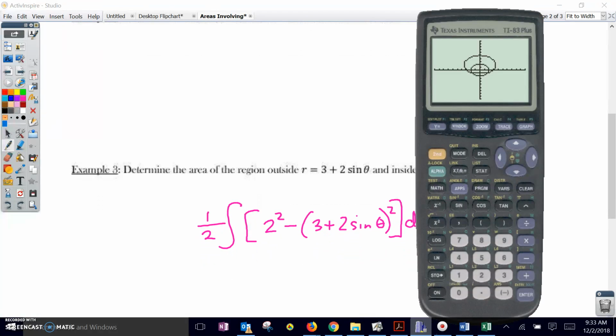We go to our calculator and we're going to trace this. And the first intersection point here, well, I'm going to trace around the curve. Oh, I already got to the end because I only graphed from 0 to 2 pi. We go back to here.